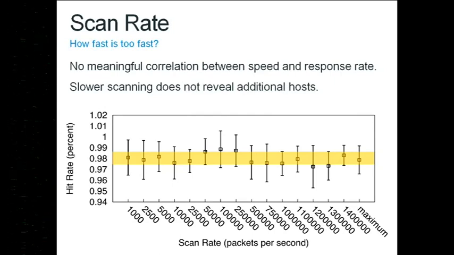We're looking for the point when we start seeing fewer responsive hosts because we're overwhelming the network. Well, in the experiments we did, with a gigabit uplink, up to a gigabit, we were not able on our network to observe any meaningful drop-off. So there's some fluctuation based on other things I'll talk about in a second. But basically, we cannot find the place where we start seeing drop-off because we're overwhelming the network.